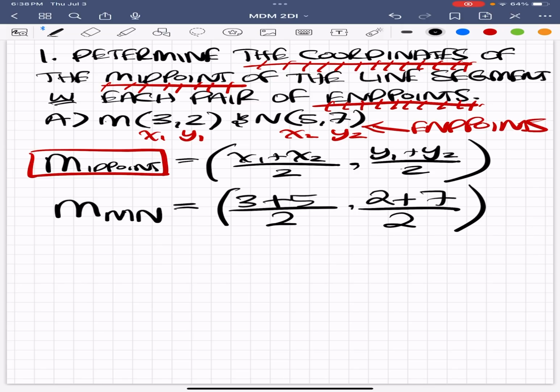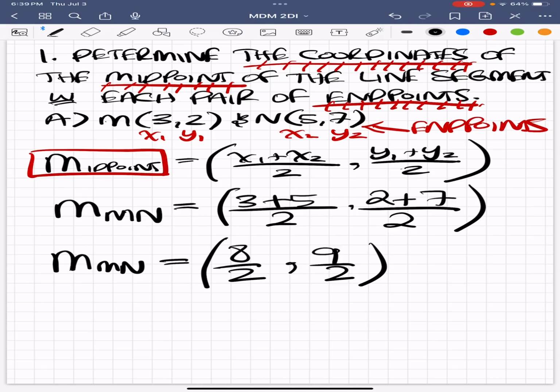Okay. M of MN, so the midpoint of M and N is 8 over 2 and 9 over 2.